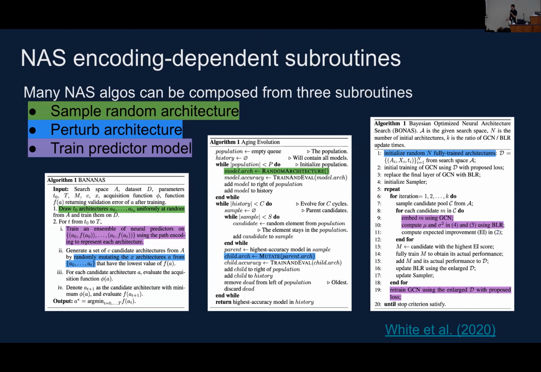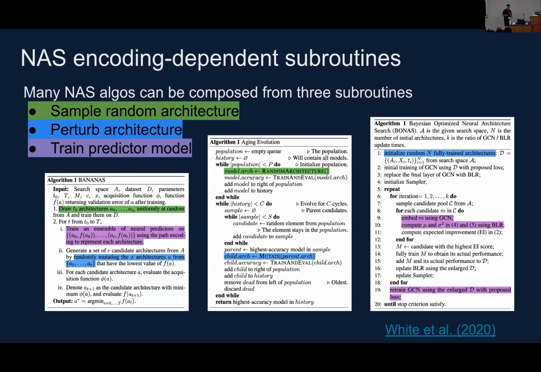And so a couple of years ago, there was a study on encodings for NAS, and what the study did is identify a few common subroutines that most NAS algorithms make use of. For example, sampling an architecture at random, or perturbing an architecture, or training a predictive model, and it looked at what the best encoding is for each of these subroutines.